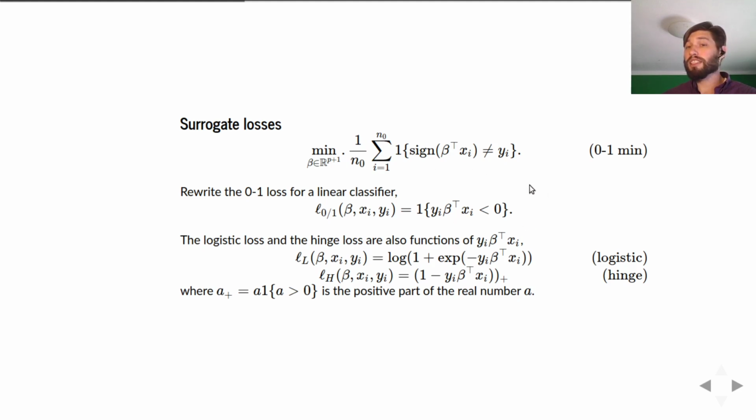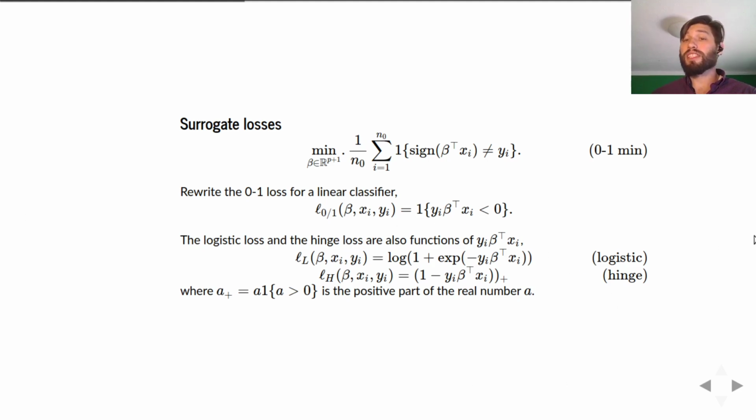So this is less than 0 if and only if these signs don't match. And now the idea behind making this continuous and not discontinuous is that we think about this indicator function. This indicator function is very discontinuous and also non-convex. So let's think about changing this and coming up with some continuous surrogates for this loss.